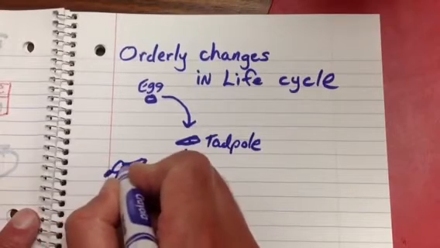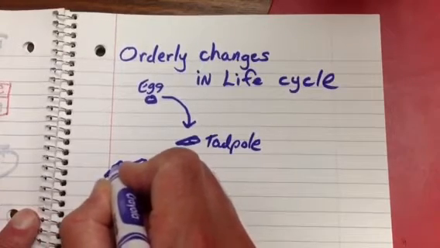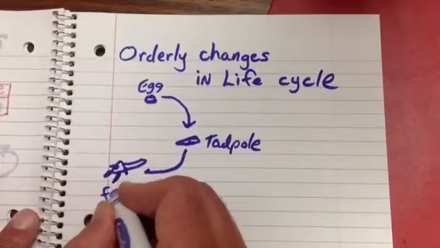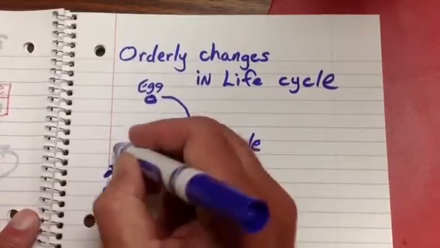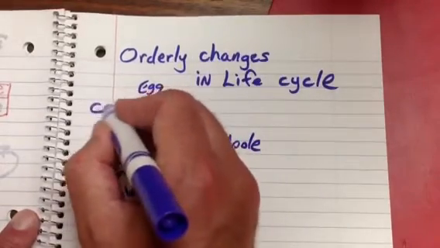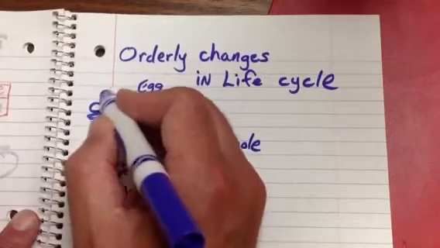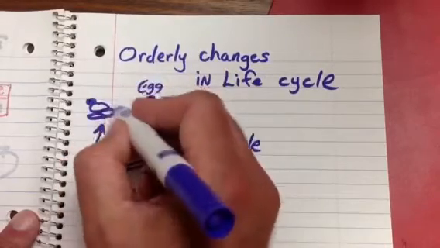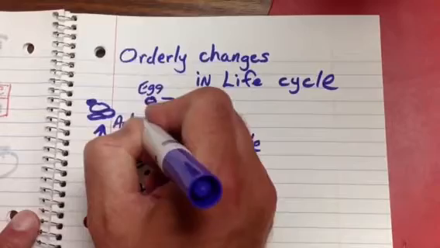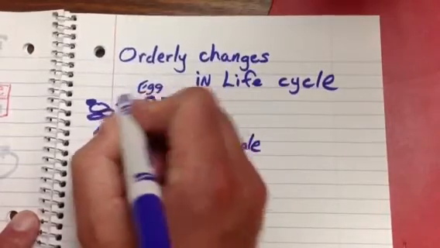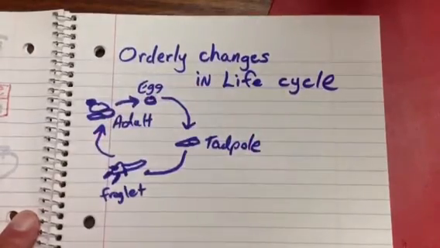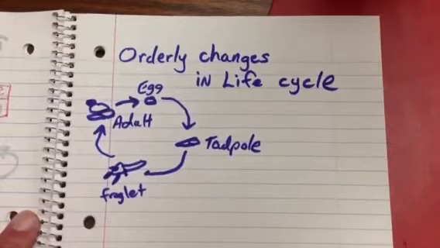He's got some legs, his tail might be shrinking, his body's starting to change. And then finally he becomes the adult frog. Mr. Haas is not so good at drawing adult frogs, but you get the idea. Basic life cycle: egg, tadpole, froglet, adult.